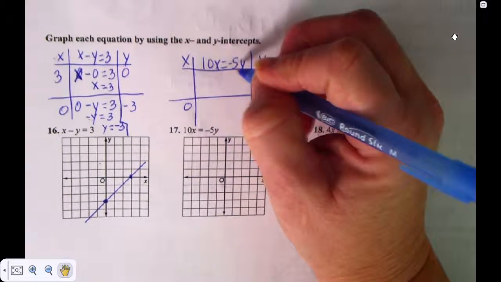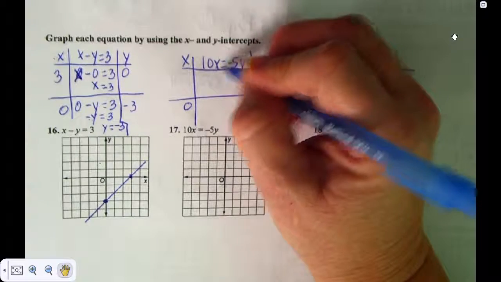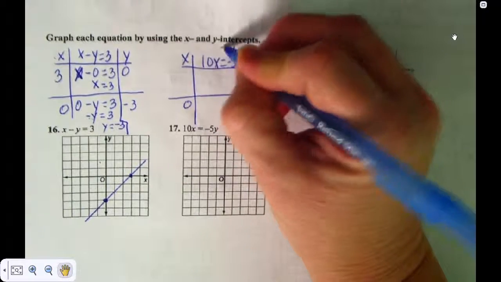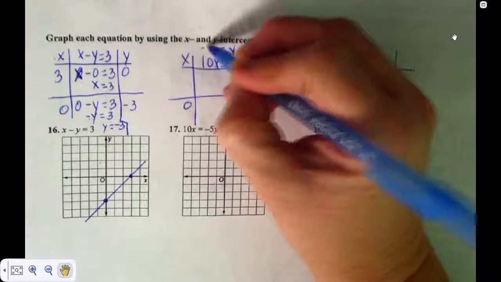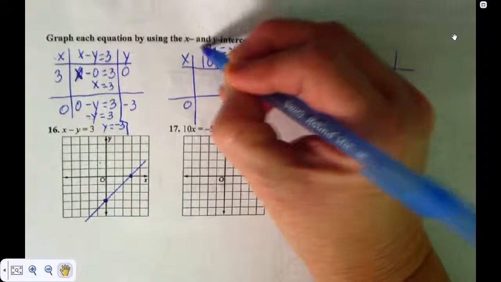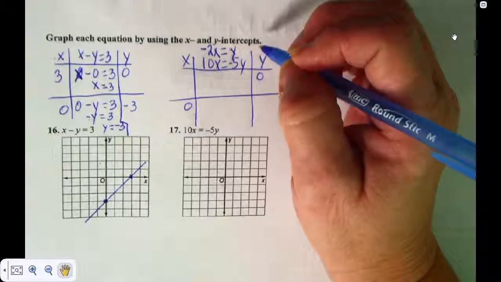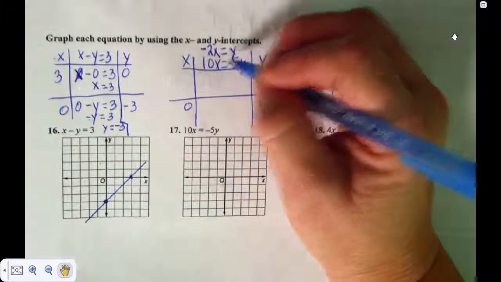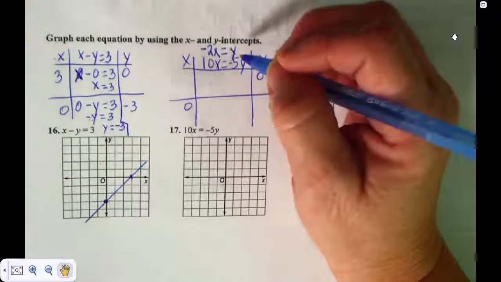Couldn't you divide by negative 5? If you divide by negative 5, you're going to get y equals negative 2x. True? Now, if you didn't reduce it, that's okay. But that would make it easier. I want y'all to start looking for ways to, I say reduce, simplify.